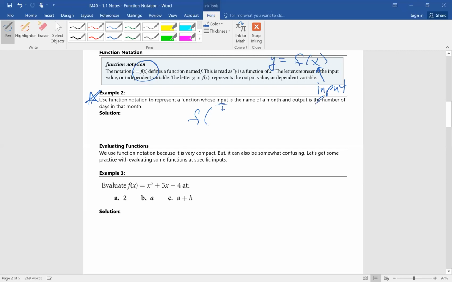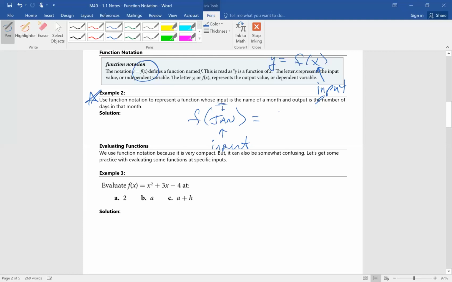So independent, put independent inside the parentheses. Anything going inside is the input. So hopefully I drilled that down. And if my input is the name of a month, so let's call it January, for time's sake I'll just abbreviate it. So if I plugged in January, that goes in. The output, they want to be the number of days in that month.